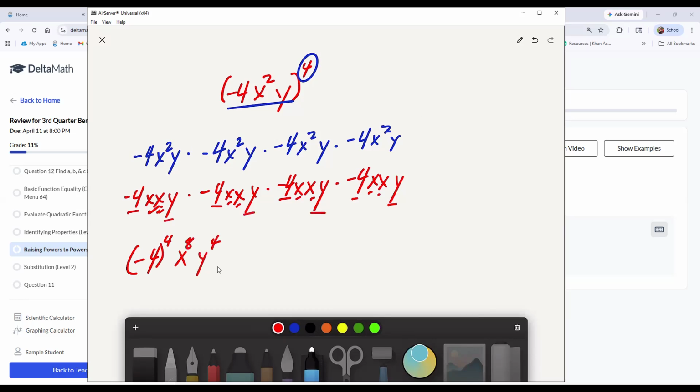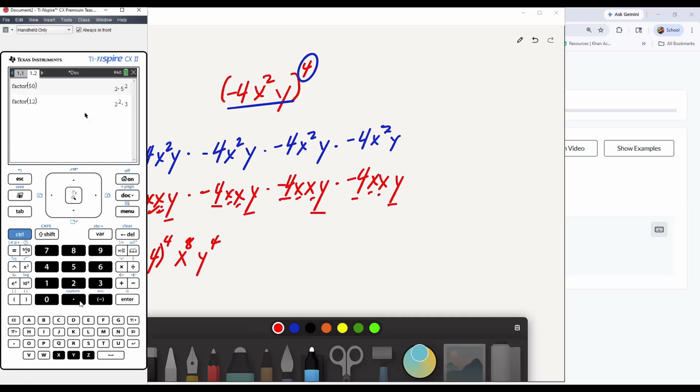So now all we need is what's a negative 4 to the 4th power. Again, let's use a calculator. So if we go negative 4, and notice I put that inside parentheses, to the 4th power, that's going to be 256.